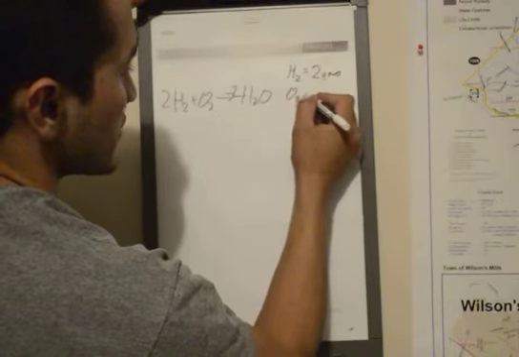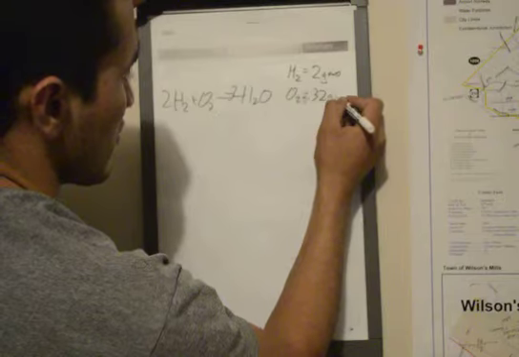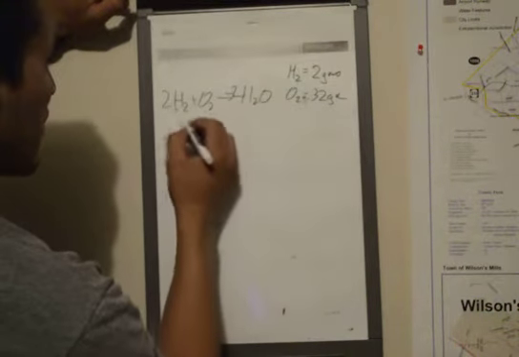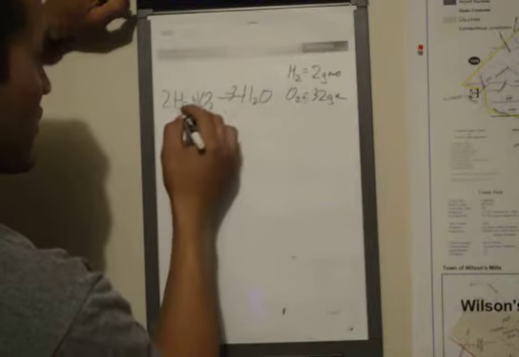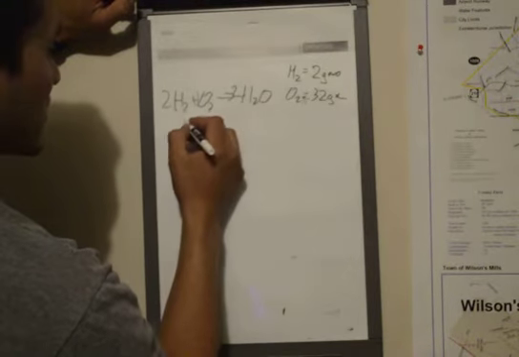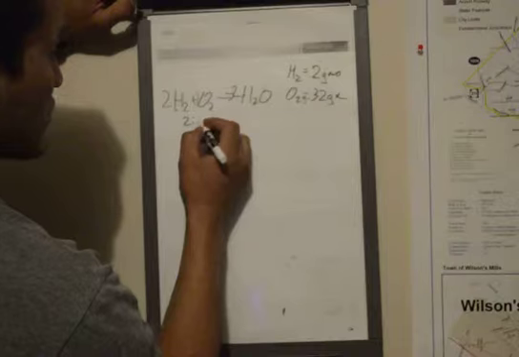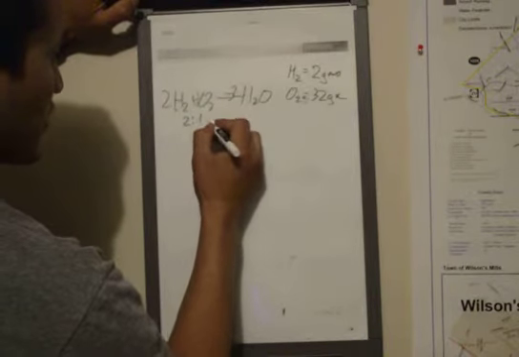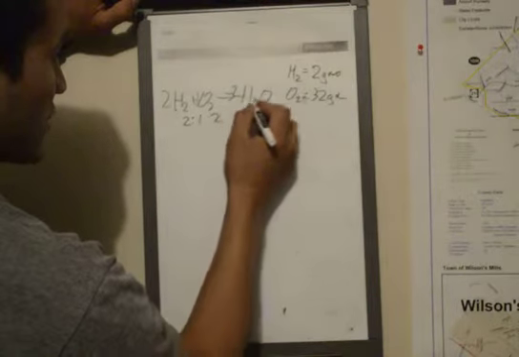For O2, it's about 32 grams per mole. The most important thing is the ratio of the reactants and the product. In this case, it is 2 H2 molecules for every 1 O2 molecule will yield 2 H2O molecules.